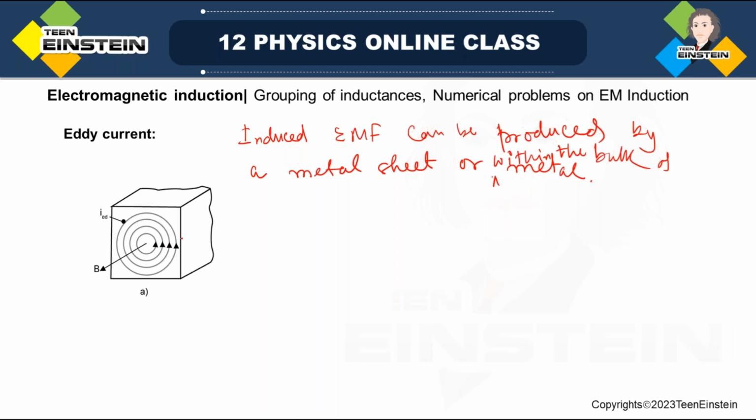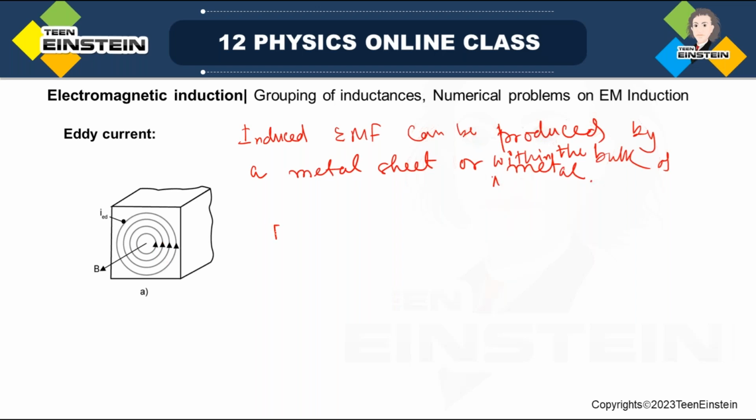Within the bulk of the metal, when the magnetic flux changes, there will be induced EMF, and that will actually form a circulating current.